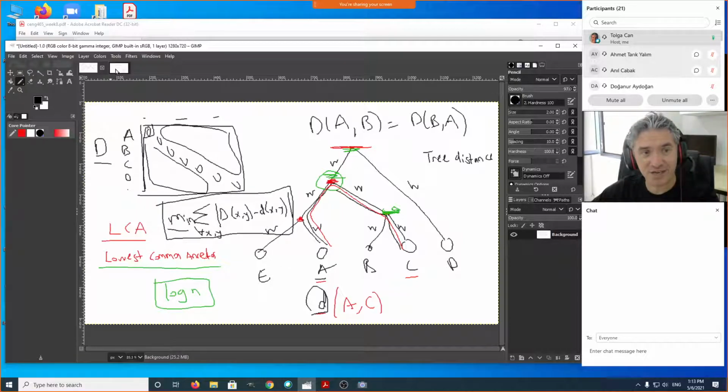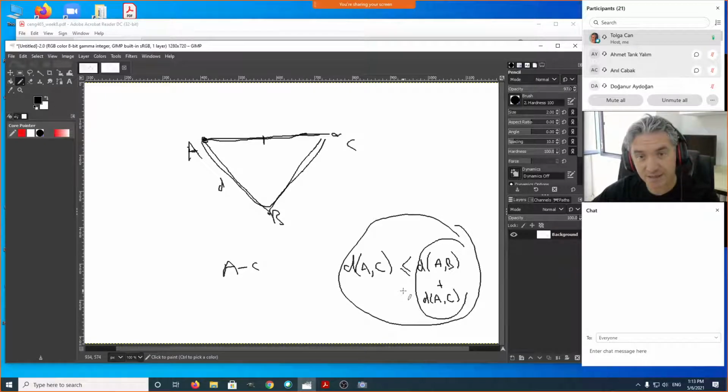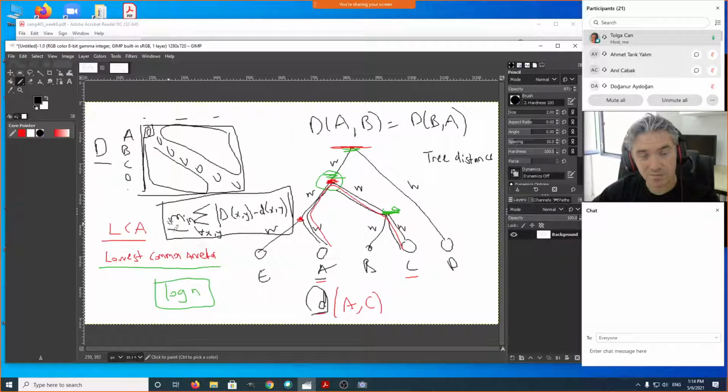When the triangular inequality holds, if the distance is symmetric, if it's larger than or equal to zero, no negative scores, if the distance of the object to itself is zero, and it's greater than zero if they are different objects, and if it's symmetric and the triangular inequality holds, this problem becomes not so interesting a problem, because there is always a tree in which this total difference is zero.